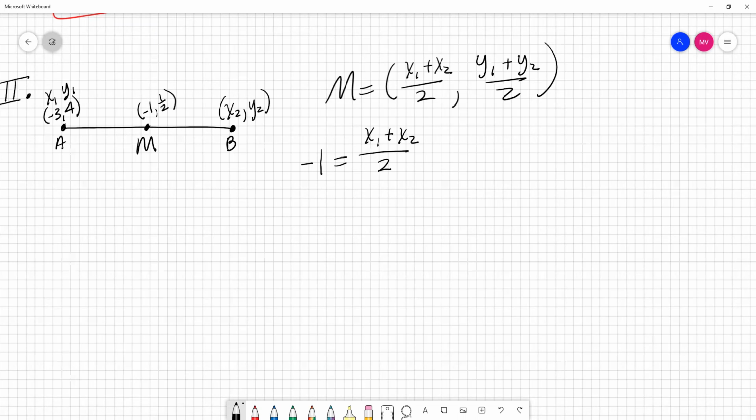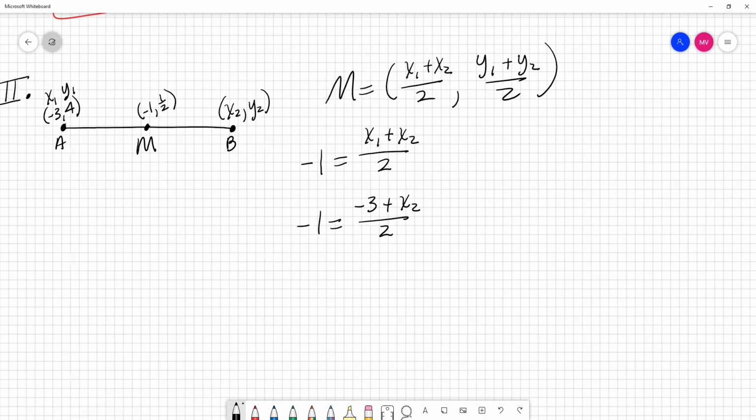So we have 2 unknowns right now, but we do have a value for one of those variables. So -1 equals, x1 is -3 plus x2 divided by 2. Now what do we do? Let's practice your algebra.